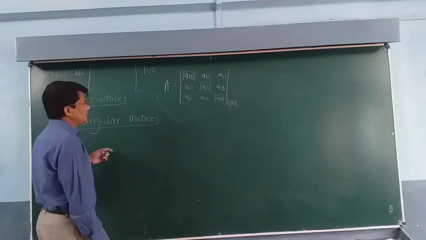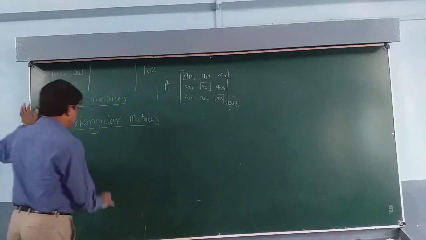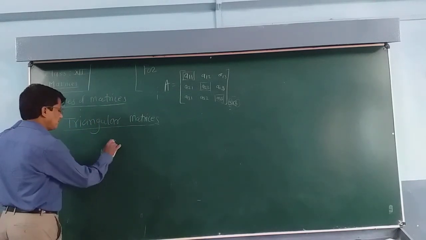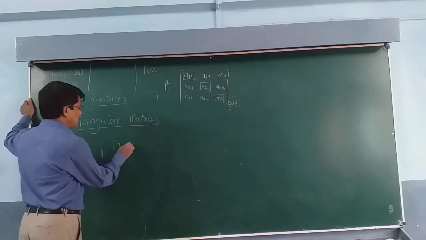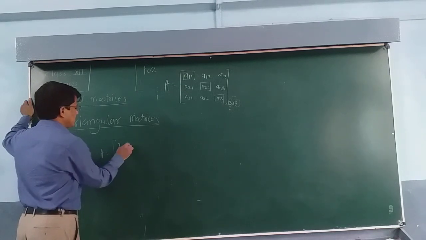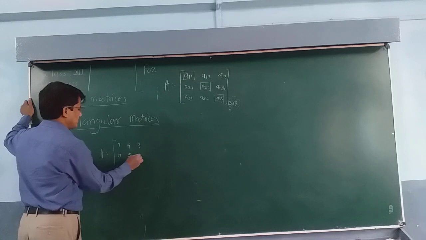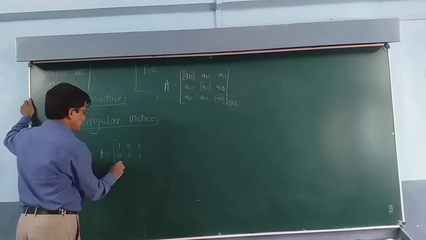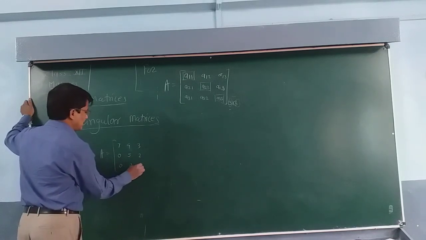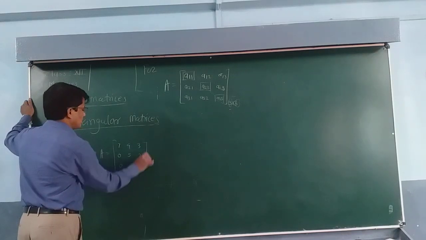What does it mean? Suppose a matrix is given like this: 7, 4, 3, 0, 5, 2, 0, 0, 6. What is the order?